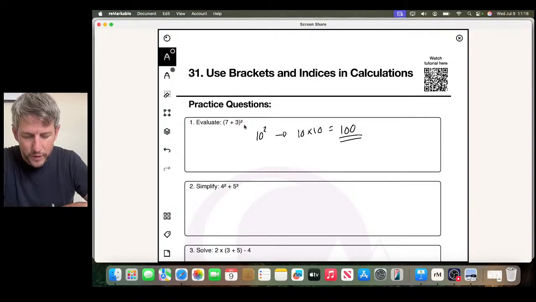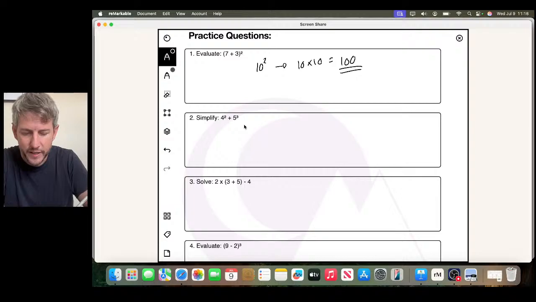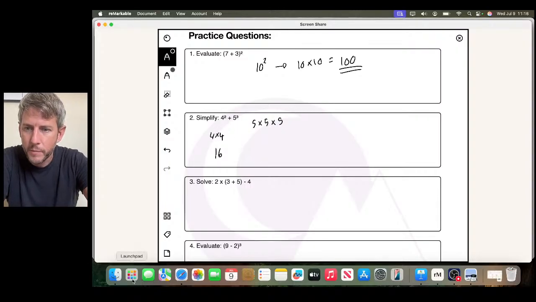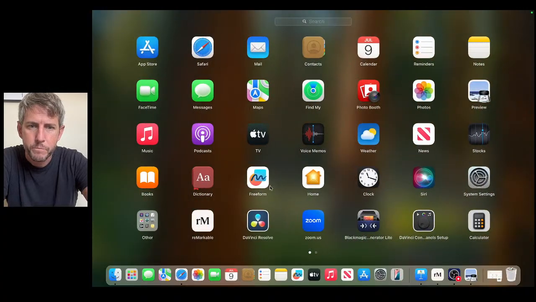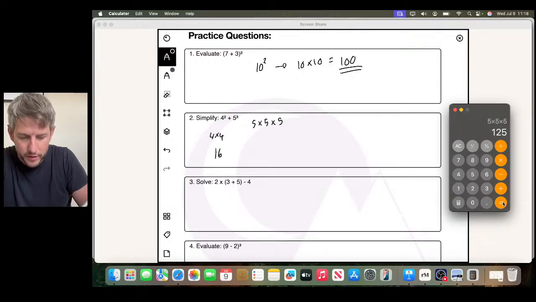Okay, the next one we've got here. Simplify 4 squared plus 5 cubed. You do the indices first. 4 squared is 4 times 4, so that will be 16. 5 cubed is 5 times 5 times 5. I'm going to whip out the calculator for this. 5 times 5 times 5 is 125.